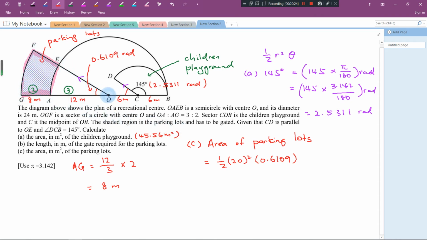But we don't want OFG. We only want this shaded region. So we have to minus the area of OEA. Using the same formula, 1 over 2 r square theta, but this time the r is not 20 but 12 only.